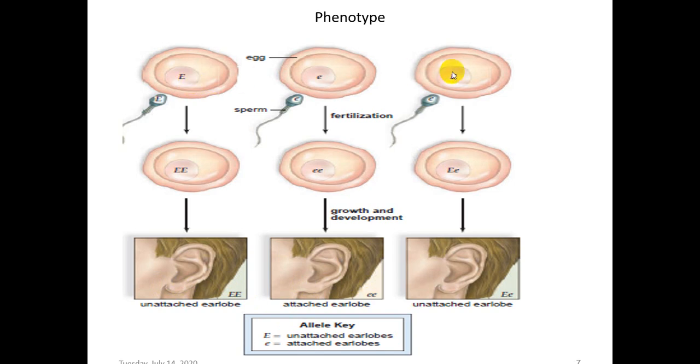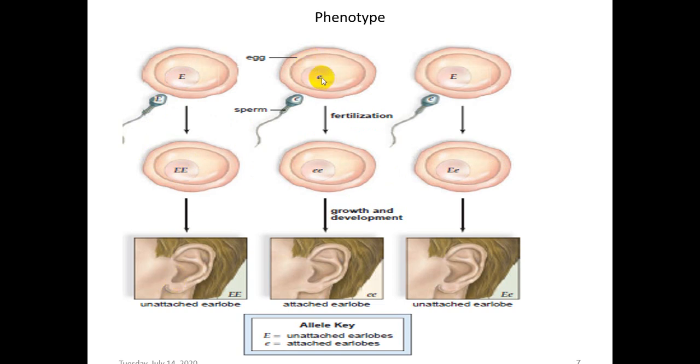So these are, at first row, eggs and second row sperms. No, sorry, this is the eggs and these are the sperms, and this is the fertilized ova. If the sperm carries the capital E and the egg capital E, so it is EE. This is homozygous, and it is unattached.